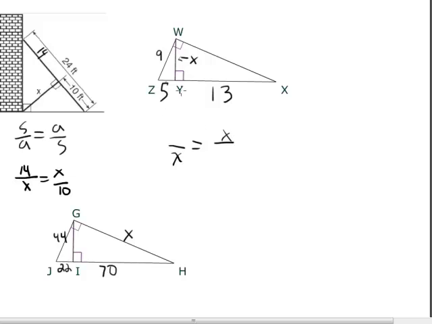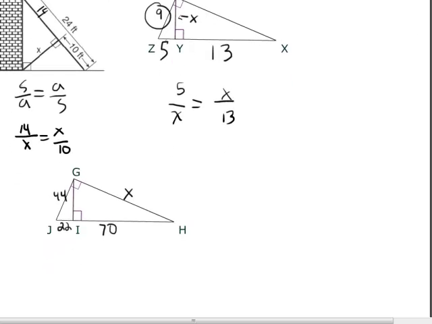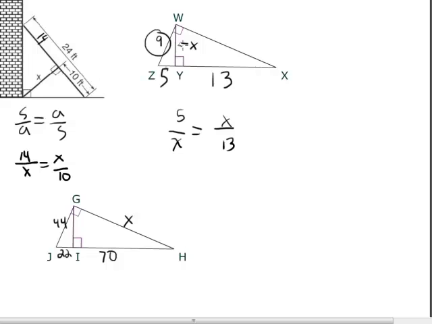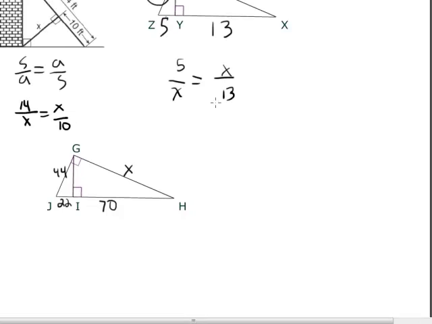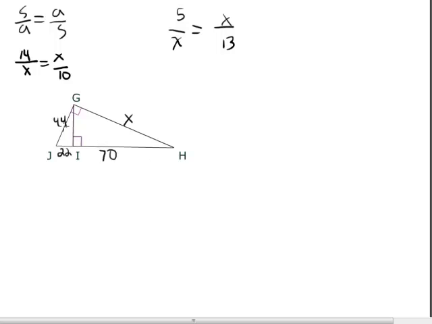And what are the sides? 5 and 13. So this 9 is just extraneous. We just don't need it. You'll sometimes get problems with extra information you don't need, and it's up to you to recognize that in this situation, the relevant information is the altitude and the two sides.